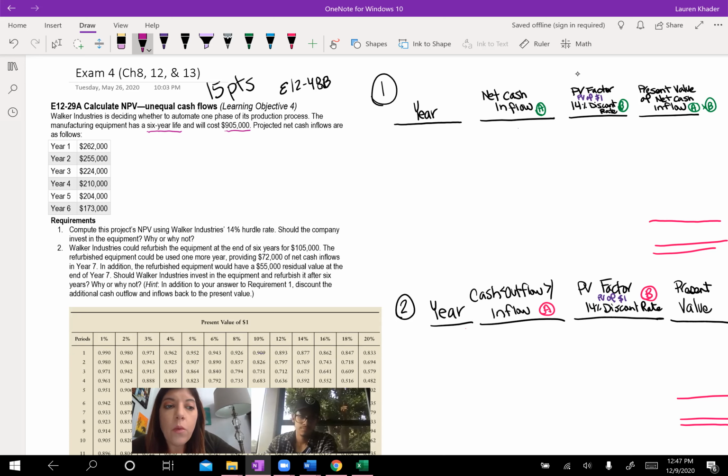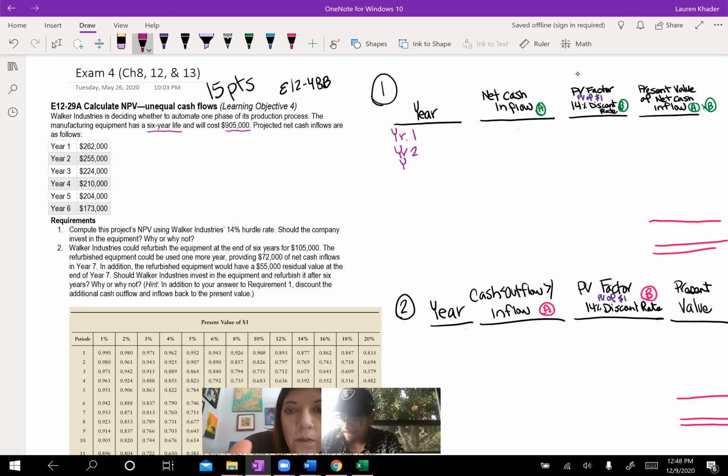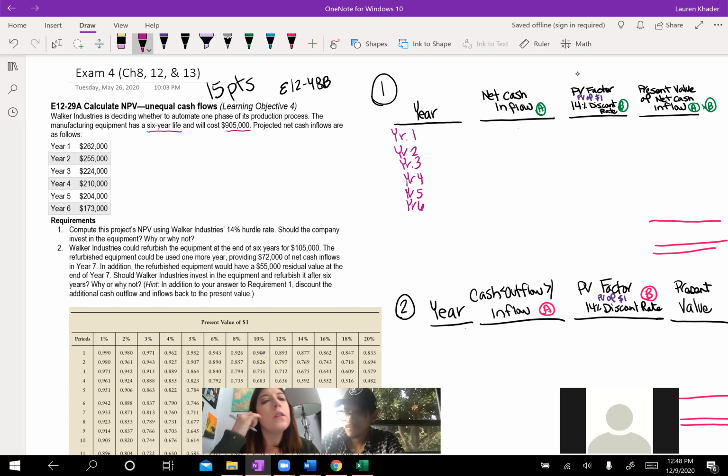So we have year 1 through year 6 net cash inflows, and I'm just going to write those out to start. So these are cash inflows, so they're going to be a positive amount.